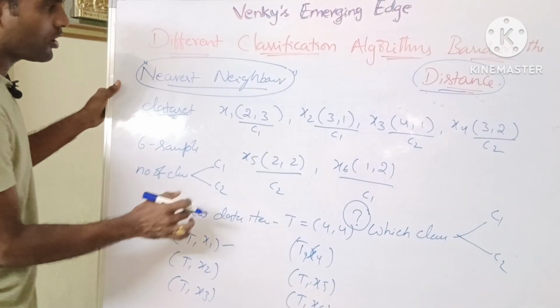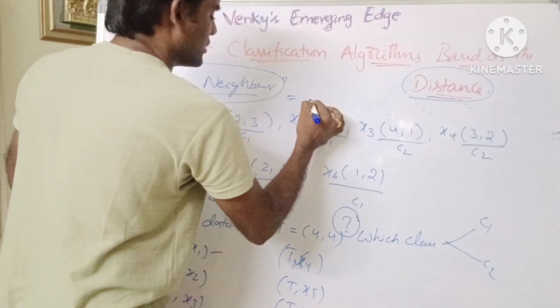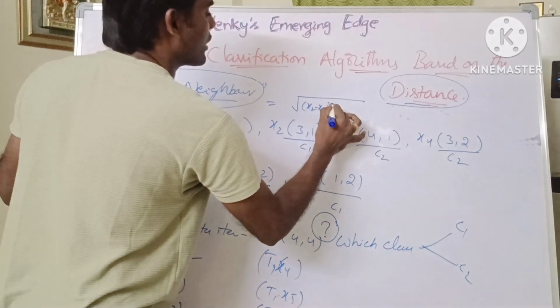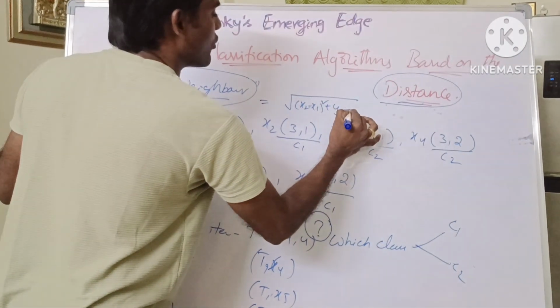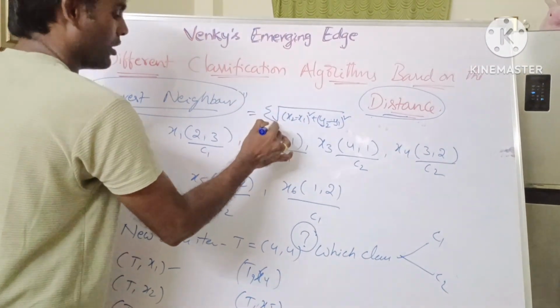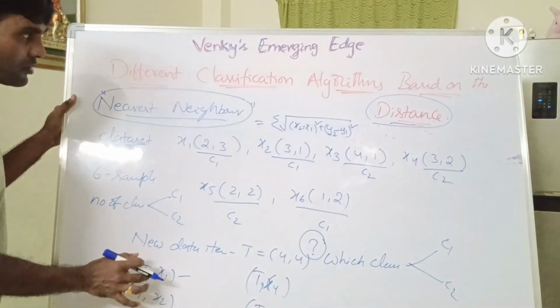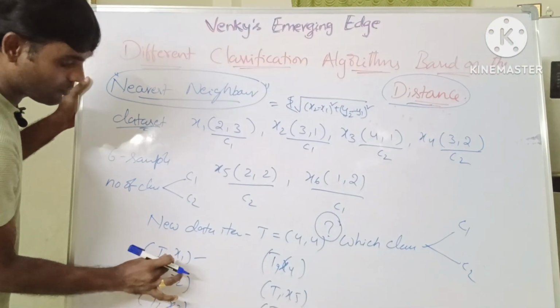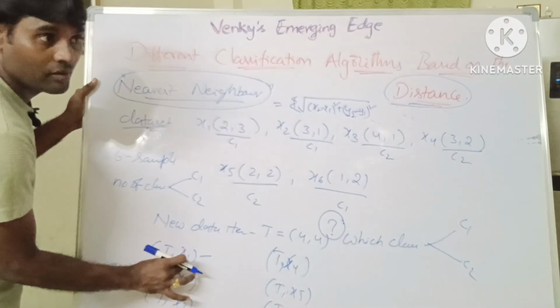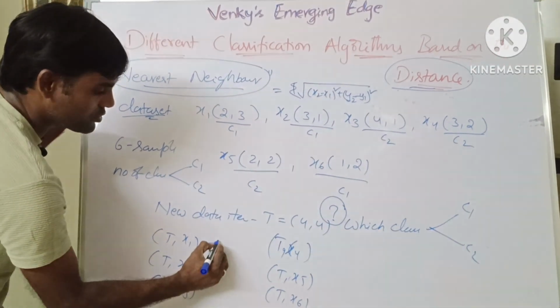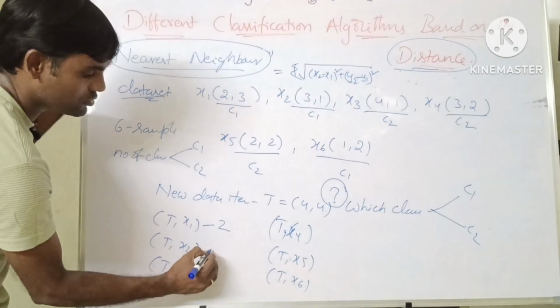So what is the formula? Simply, the square root of (x2 minus x1) whole square plus (y2 minus y1) whole square, a summation over all the elements. Clear? But we are taking the first two elements. So what is the distance between T comma x1? For example, the distance value is 2. Here the distance value is root 2.